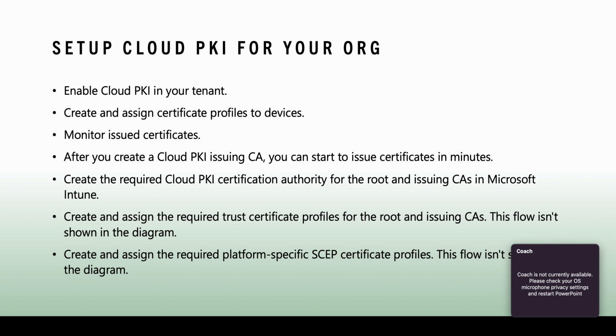After you create the Cloud PKI issuing CA, you can start to issue certificates within a minute. Create the required Cloud PKI certificate authorities, the root and issuing CA, in Microsoft Intune, and then assign the required trusted certificate profile for the root and issuing CA. This flow isn't shown in the diagram.